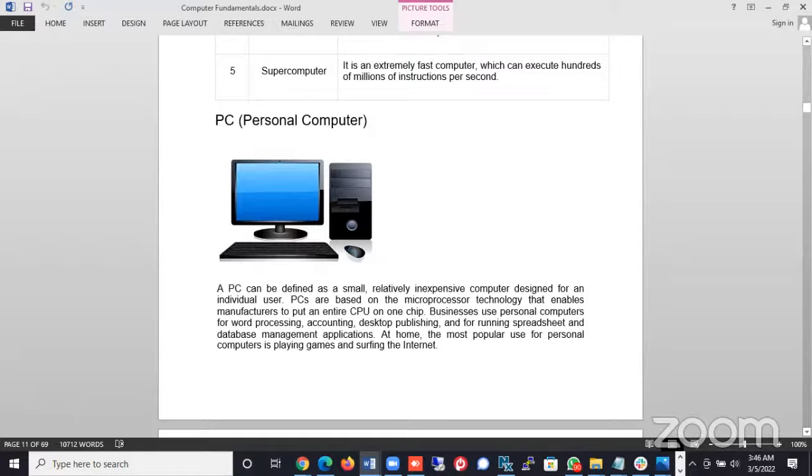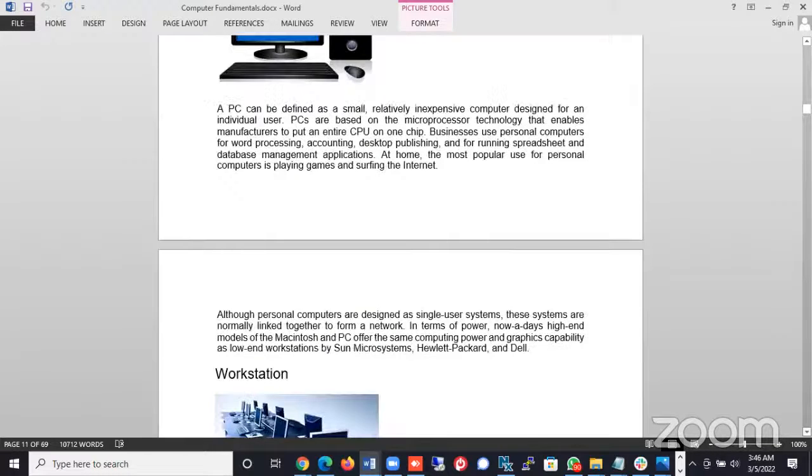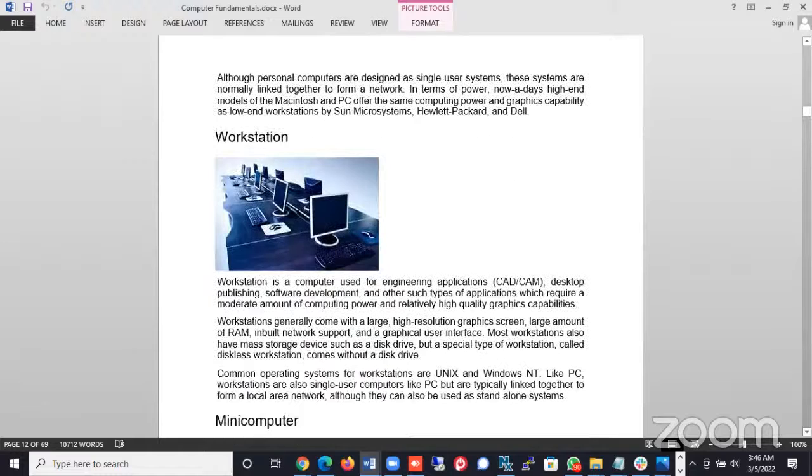The workstations are the ones that we use for design.